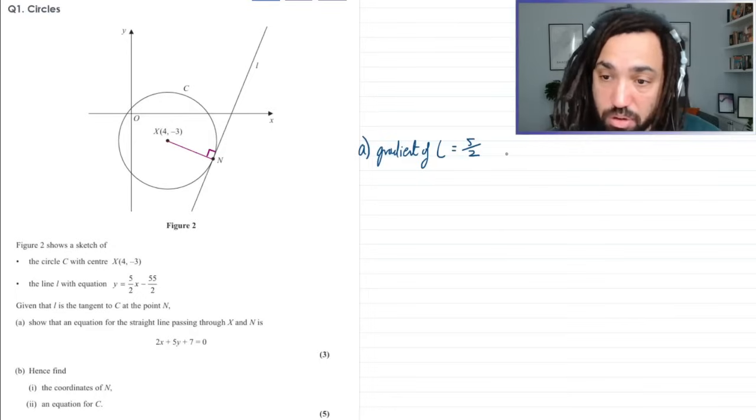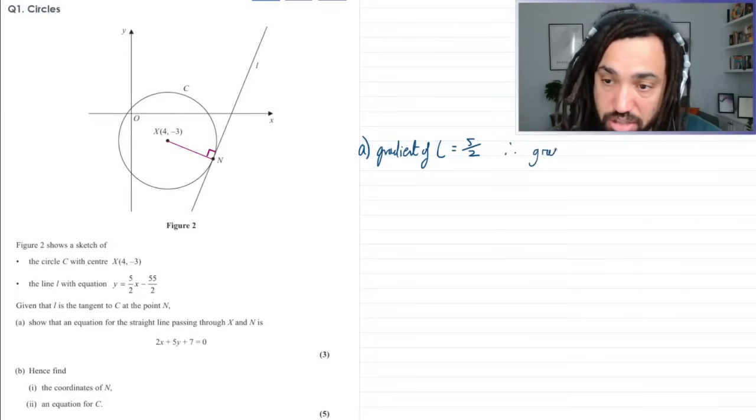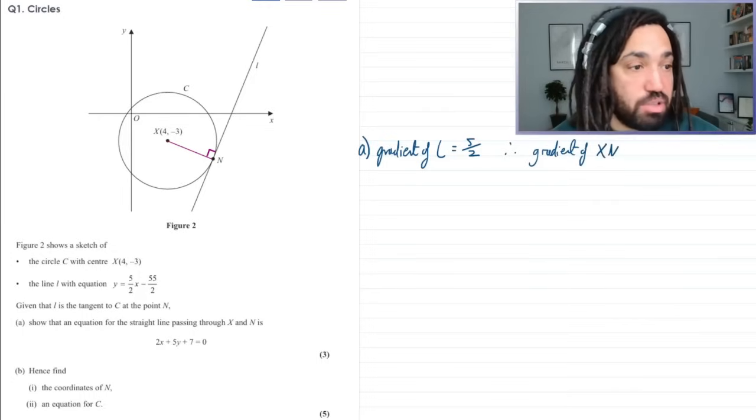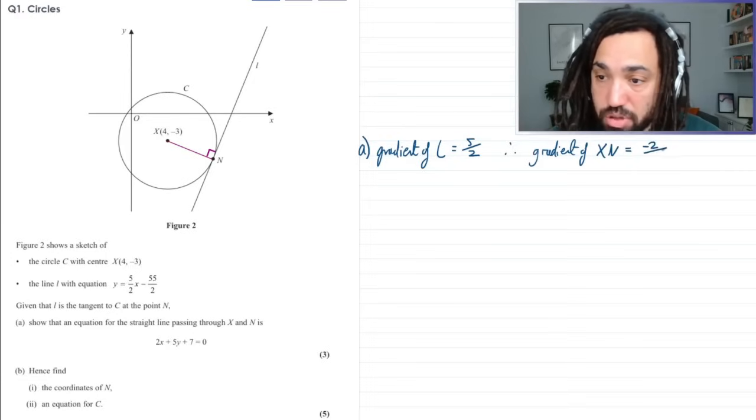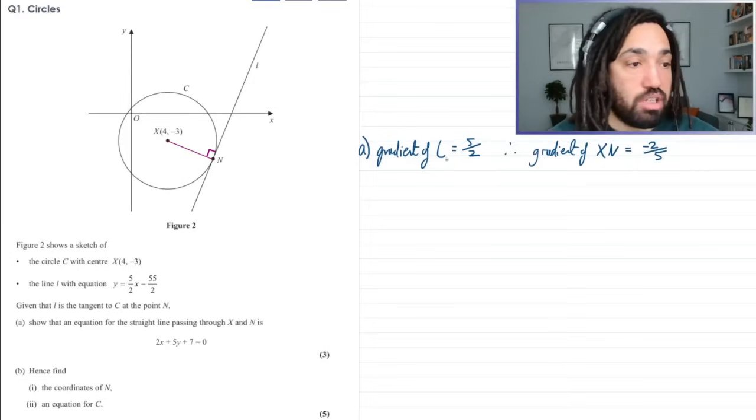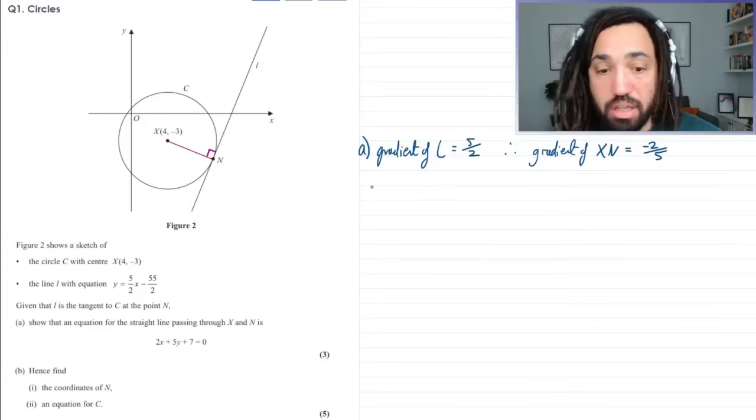So therefore, the gradient of XN is the negative reciprocal of that, which will equal minus 2 over 5, because perpendicular gradients are the negative reciprocal of one another.